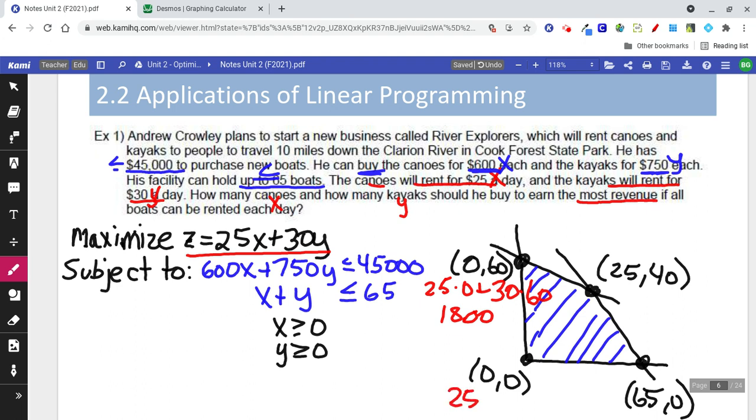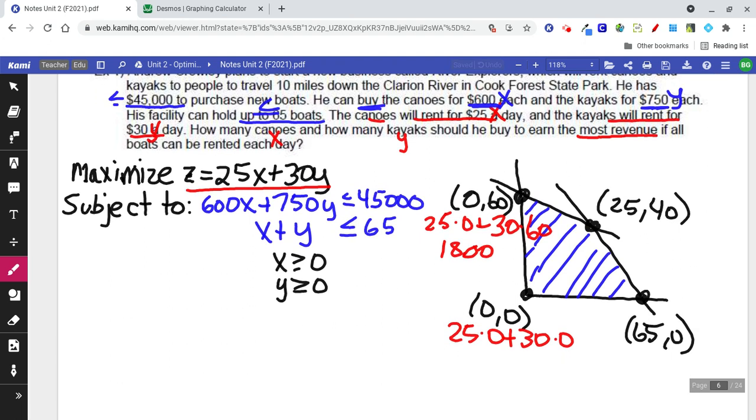And 25 times 0 plus 30 times 0 is 0. And 25 times 25 plus 30 times 40. Might need a calculator for this one. That's 1825.